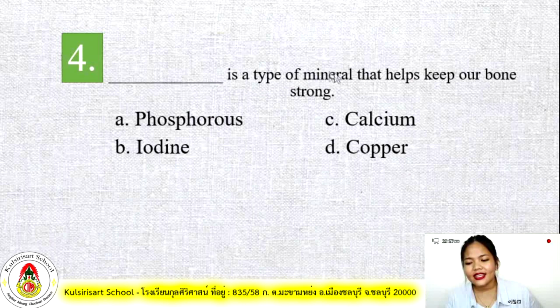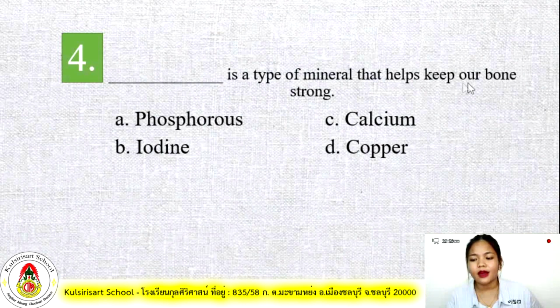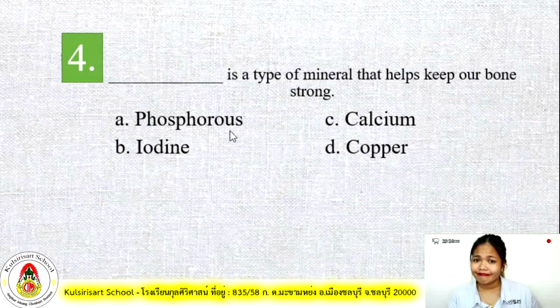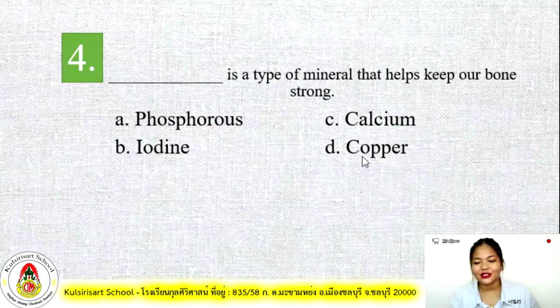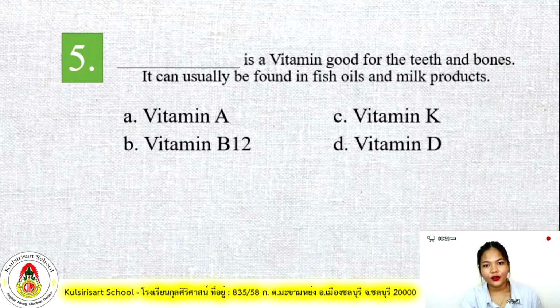Blank is a type of mineral that helps keep our bone strong. Is it letter A, phosphorus? Letter B, iodine? Is that a correct answer? Letter C, calcium? Or letter D, copper? Right there, your answer. And now for our 5th question.